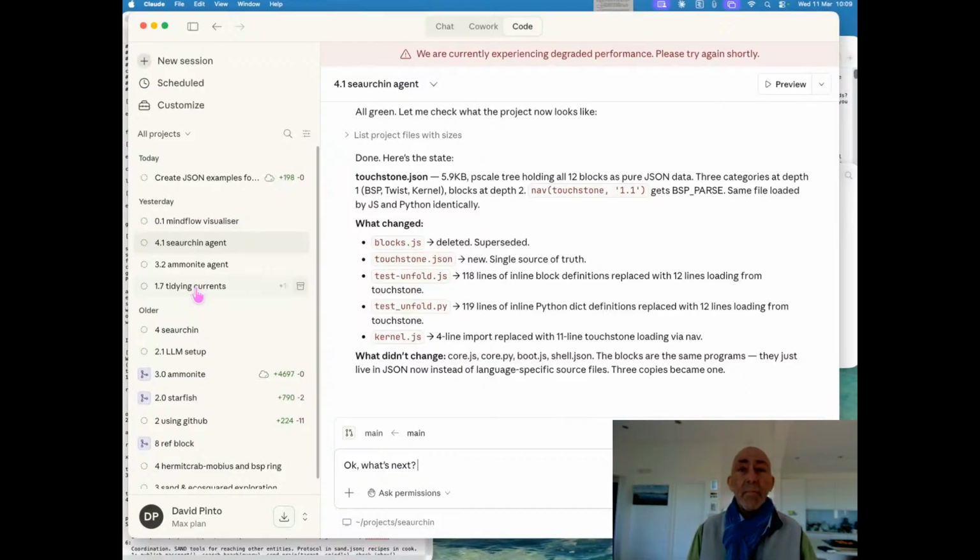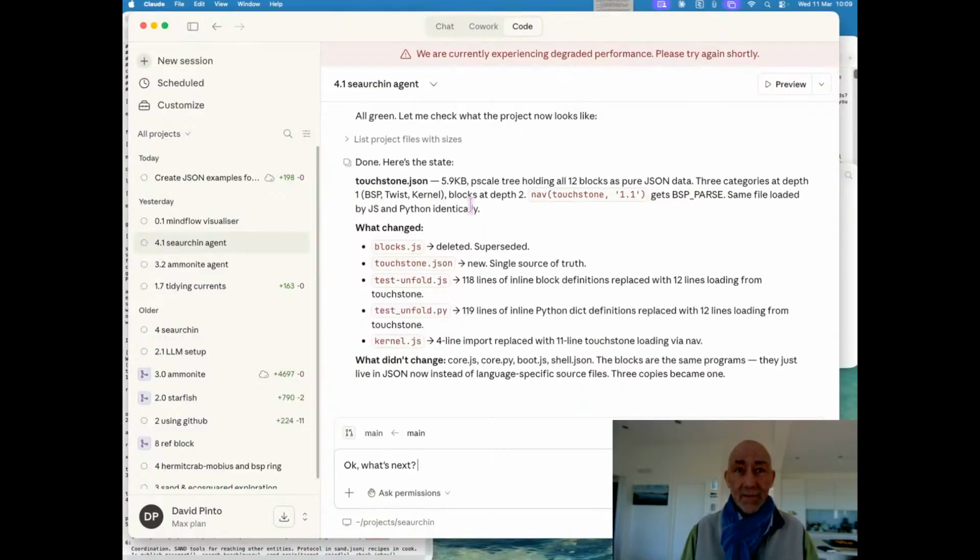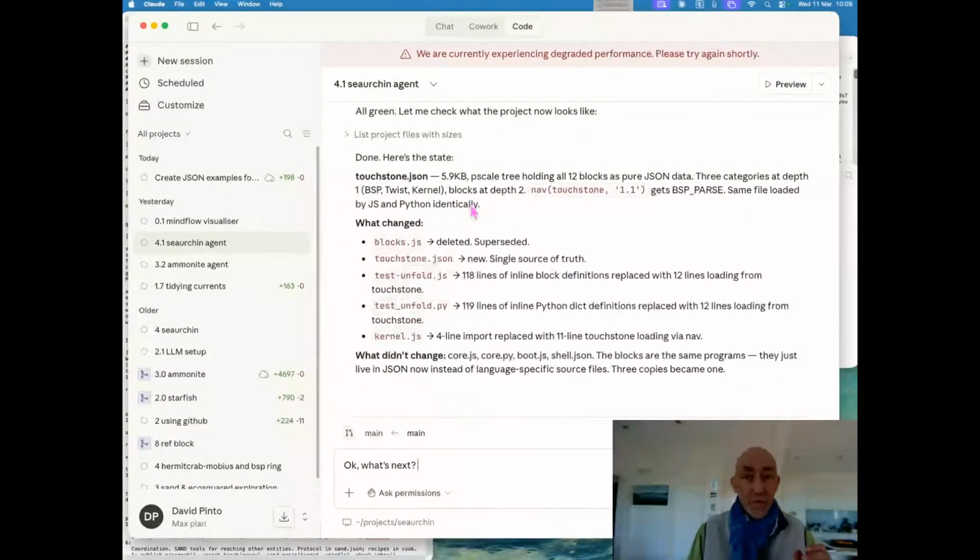This is an example: 118 lines of code for the test unfold for Python code. The kernel itself is 11 lines with an 11-line touchstone. 12 blocks is pure JSON data. 6 kilobytes is the touchstone. Wow, it's beautiful. So it's really small, but can it be smaller?